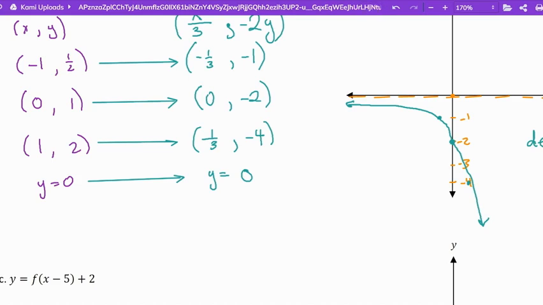So this function went from being exponential growth to actually decaying, and that's because it's getting smaller and smaller. Or actually, let's not say decay, let's say decrease. That is not decay. There's a different term.